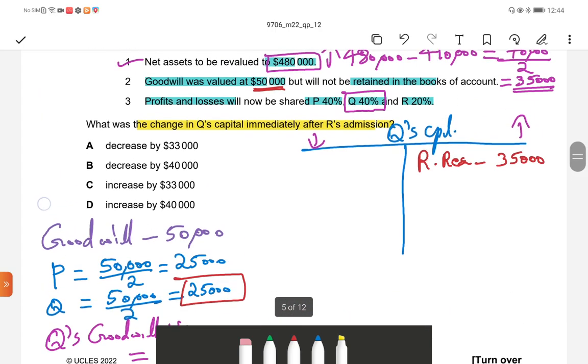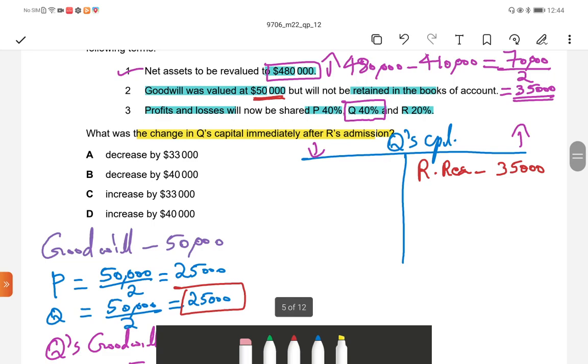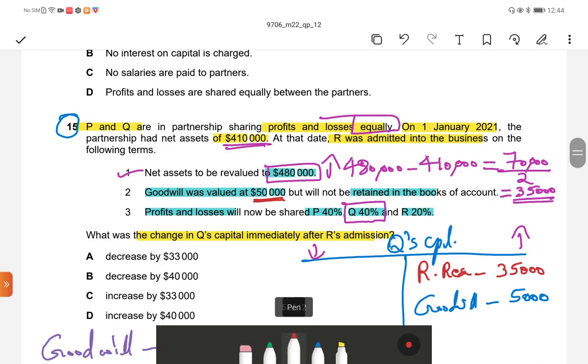So on the credit side we write he has to get from R's capital. So you write here goodwill, 5,000. He's sacrificing, so he has to get his compensation. Next, now we are done. Revaluation reserve done, goodwill done.